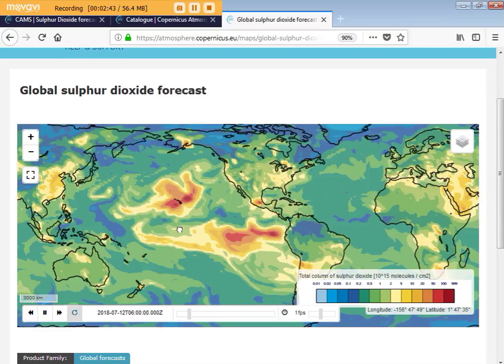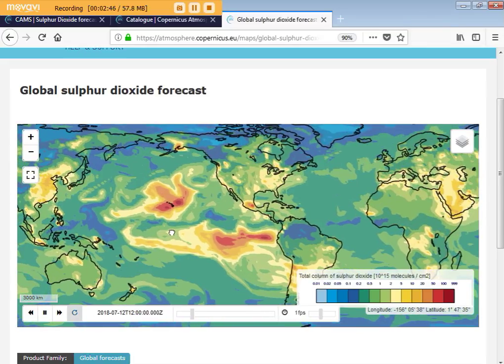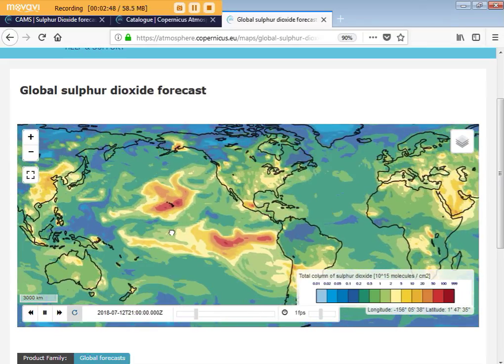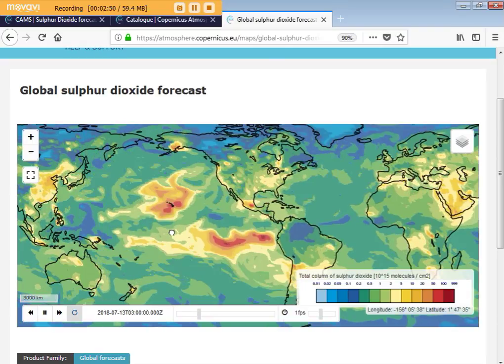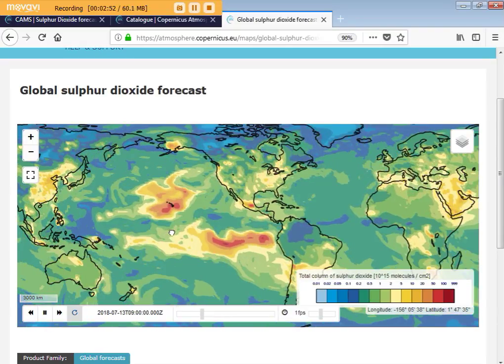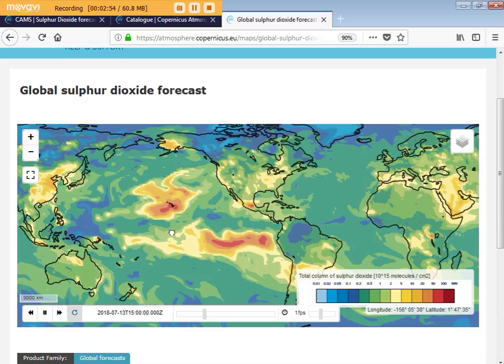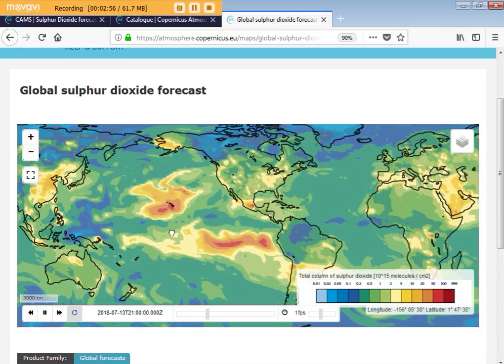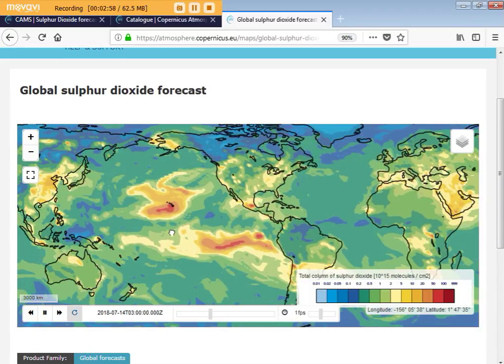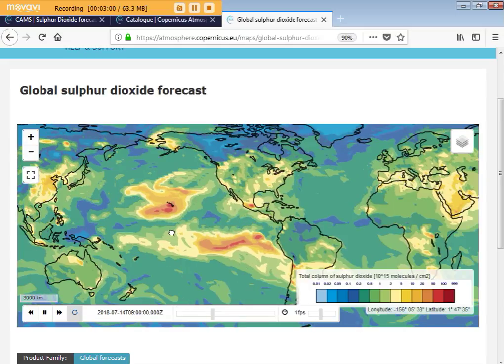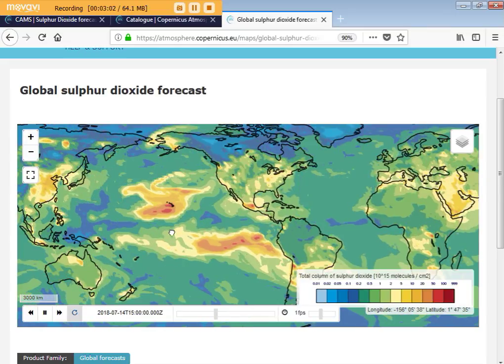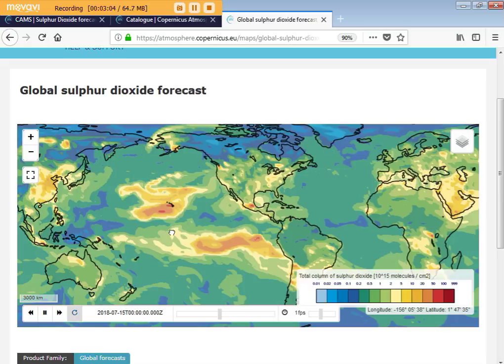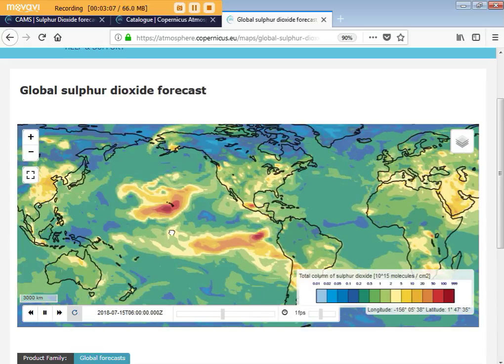So I'm moving it over so we can see Australia and the whole Ring of Fire area. Now, when we have volcanic and earthquake geologic activity, sulfur dioxide is one of the main things that is released. We have sulfur dioxide, methane, and ozone.